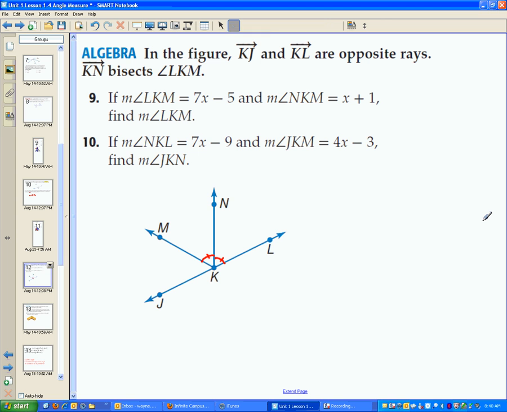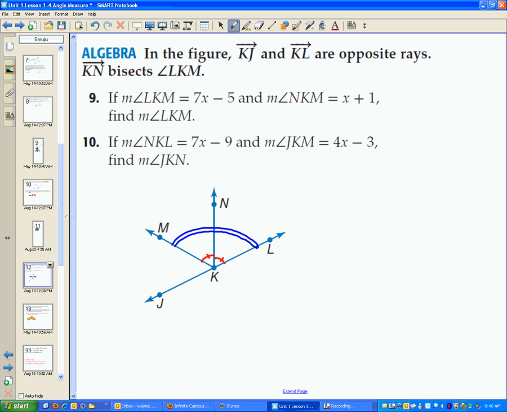Now, for number 9, let's put on here the information specific to number 9. If the measure of angle LKM, the larger one, and here's how I can indicate a larger angle with other angles inside of it in its interior, I'll make a double arc just so I don't confuse it and think that somehow it's congruent to one of those small ones.